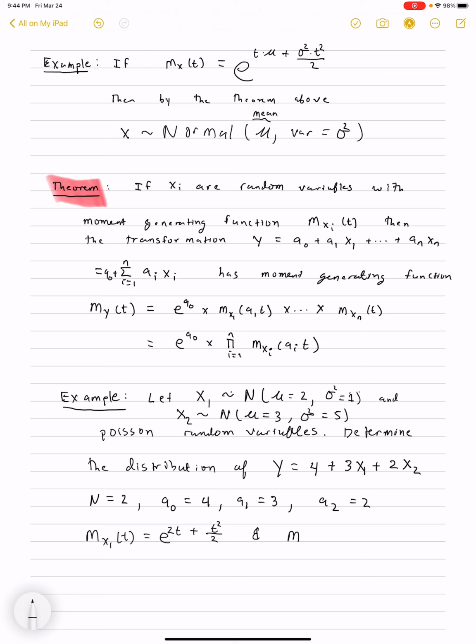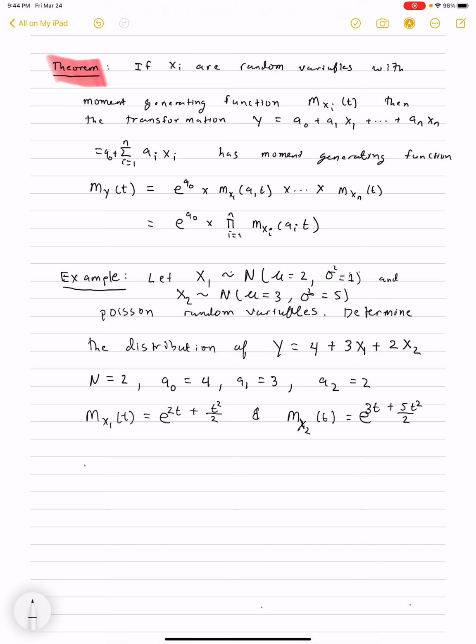Now the second moment generating function, M_X2 of t, has mean 3, so this is going to be e to the 3t, plus the variance is 5, so that will be sigma squared 5 times t squared over 2.